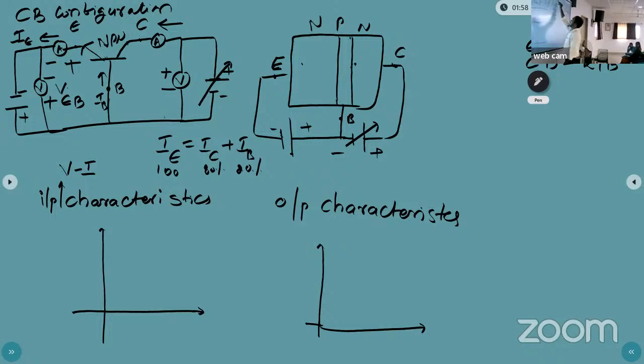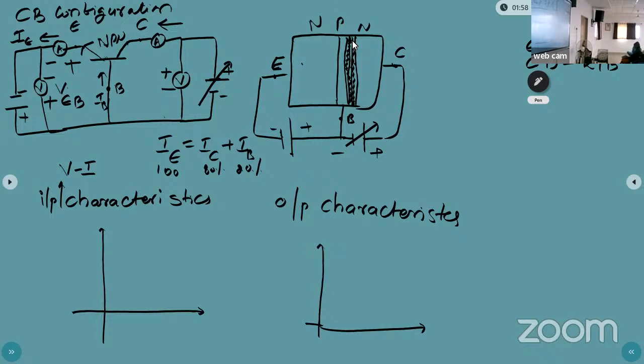It increases. While increasing the collector base junction, the collector side increases and the base side increases.